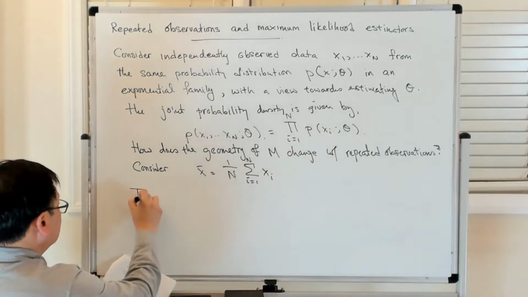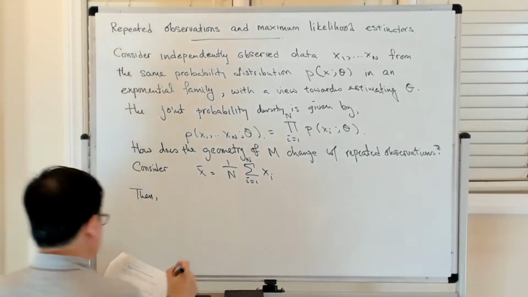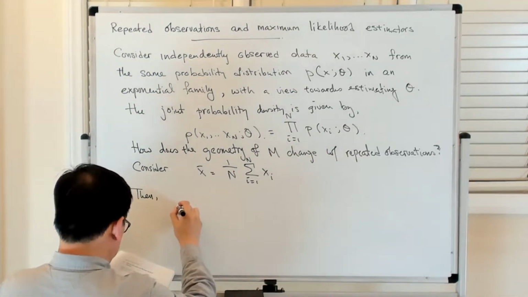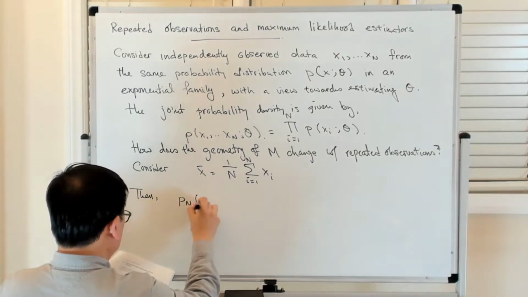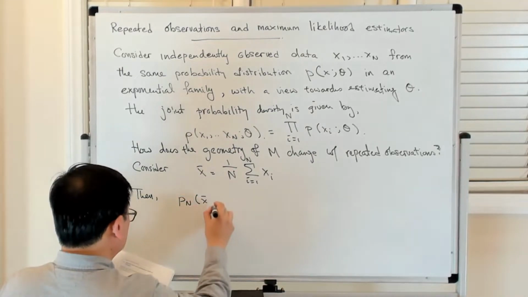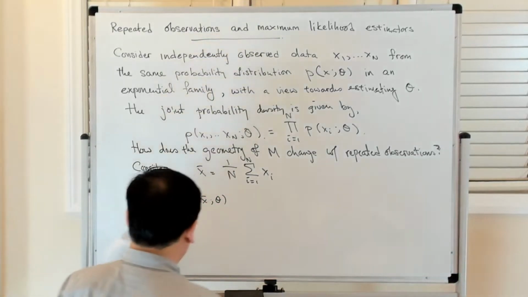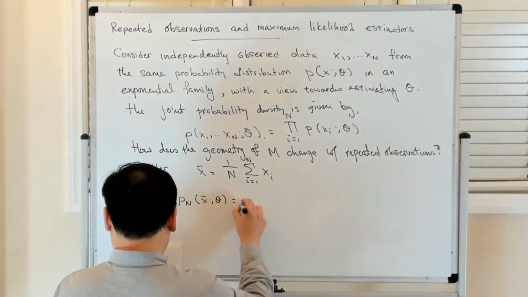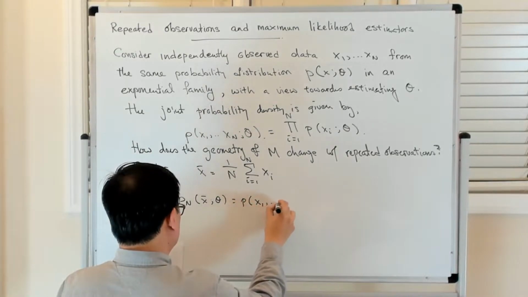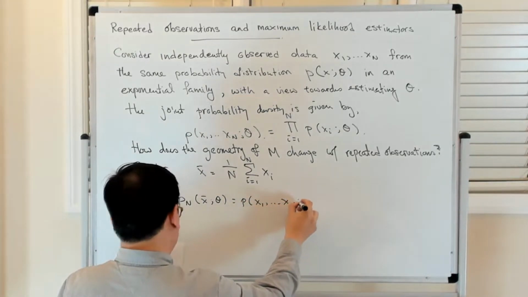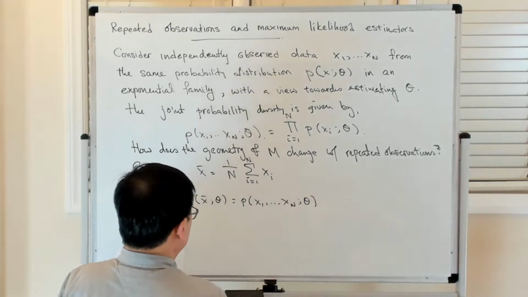Pn of x bar and theta is just p of x1 to xn and theta.